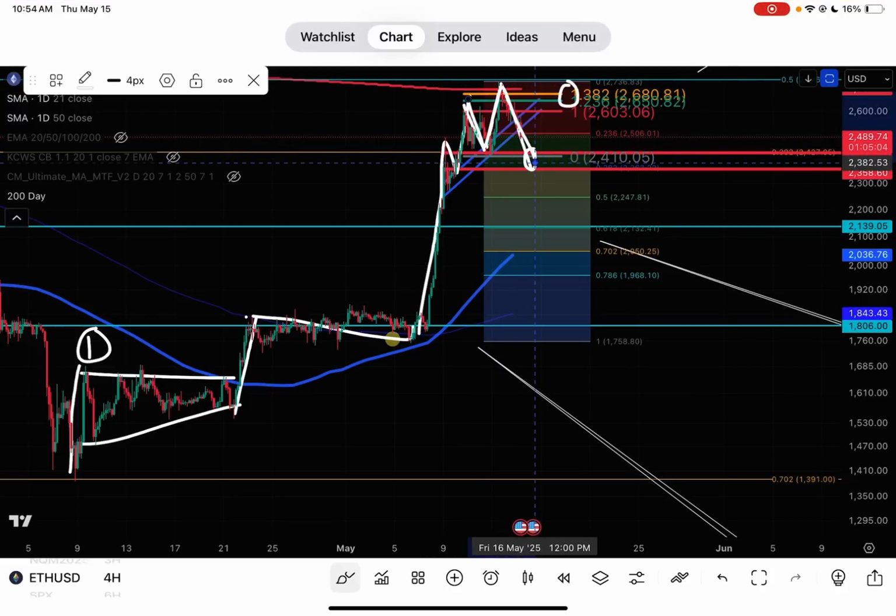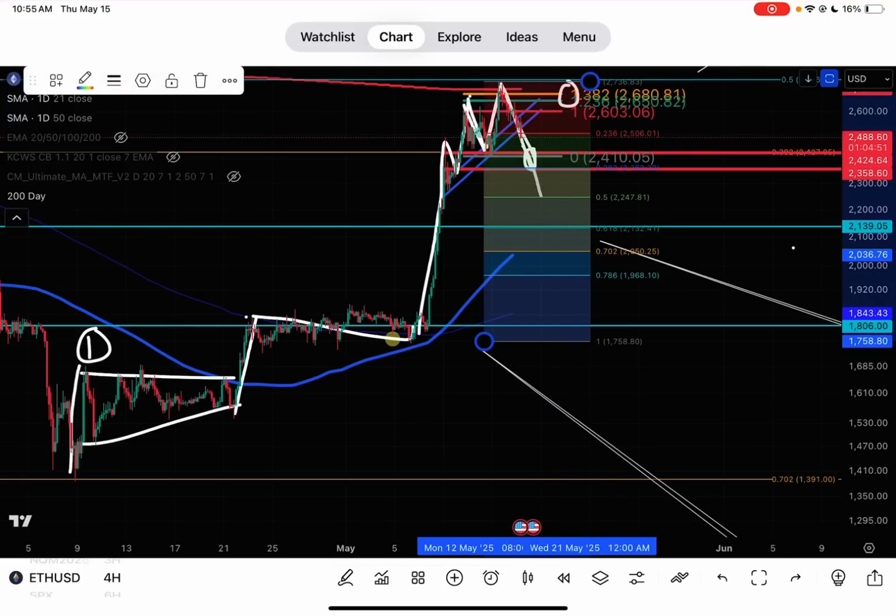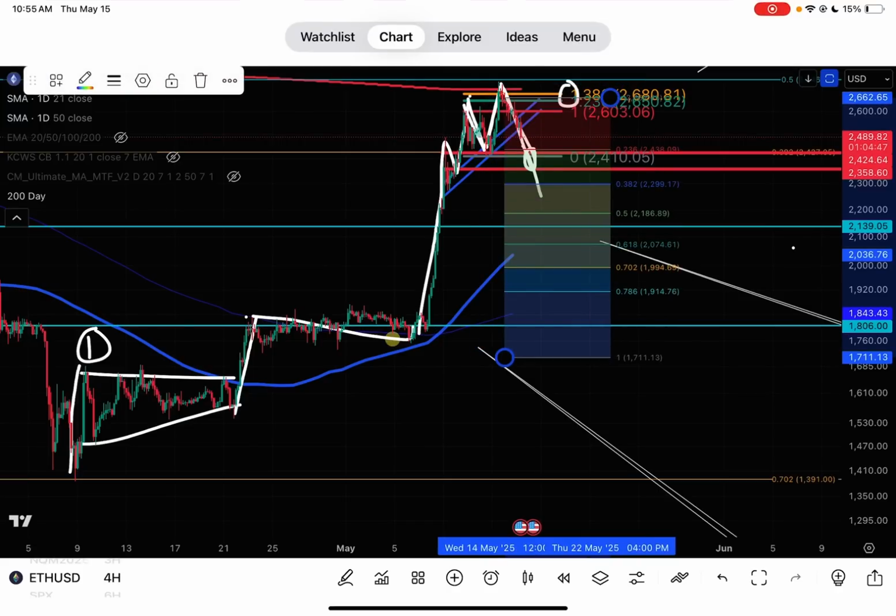Which will either terminate at 24.80, 24.24 and 23.58, or it will come down to the deeper retracements, sitting at the 50 and the 61.8% fib. Now, that would be your wave 4, right?